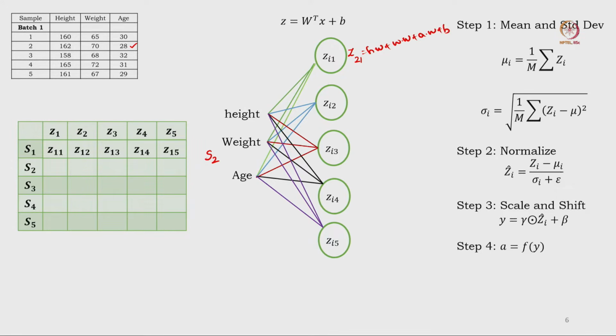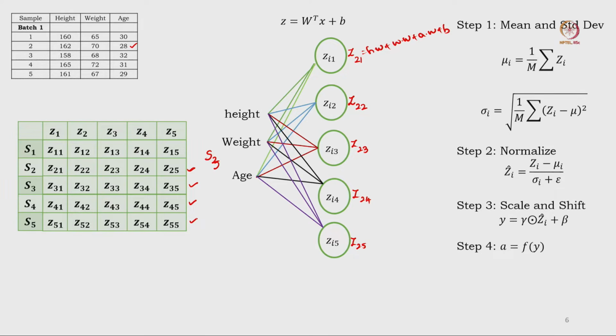Similarly, here you will calculate second sample second node, second sample third node, second sample fourth node, second sample fifth node. So, we get this for the second sample for all of these 5 nodes. Similarly, when you pass S3, we get these. When we pass the fourth sample, these values. When we pass the fifth sample, it is these values that we get.